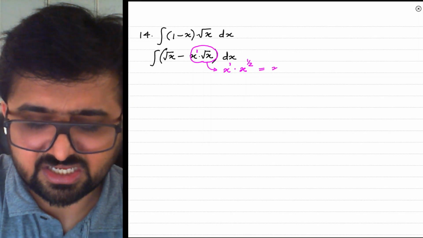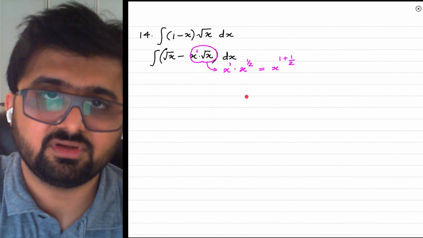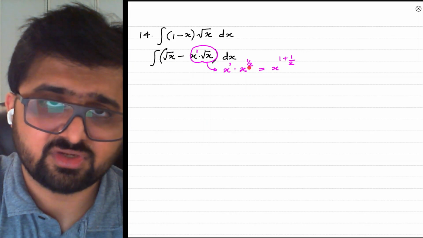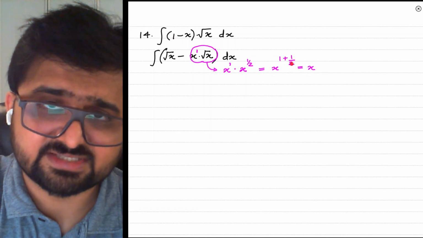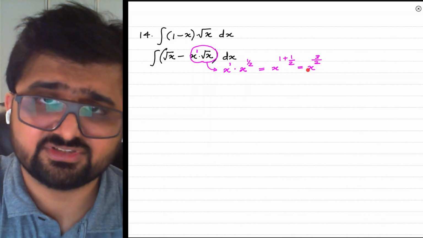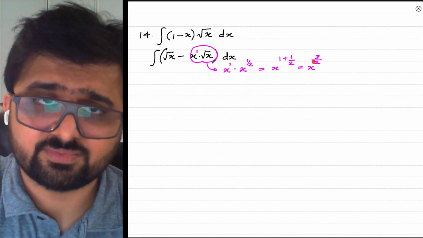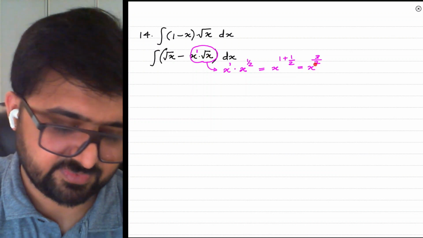So you get x to the power 1 plus half, which is 3 by 2. So basically x root x is nothing but x to the power 3 by 2.